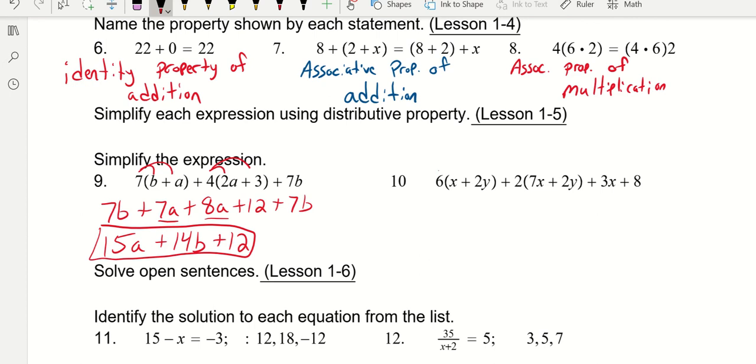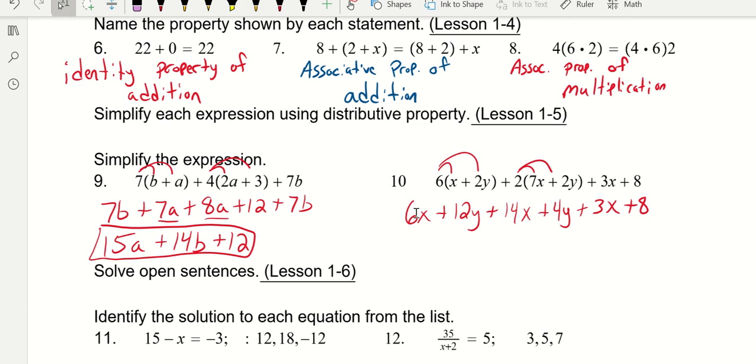Number 10, 6 multiplied by x is 6x. 6 multiplied by 2y is positive 12y. Plus 2 multiplied by 7x is 14x. 2 multiplied by 2y is 4y. Plus 3x plus 8. Let's combine like terms.